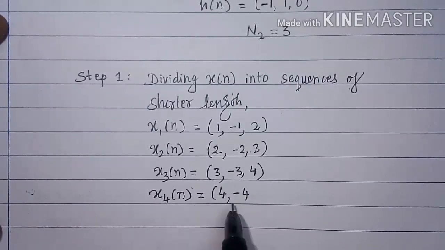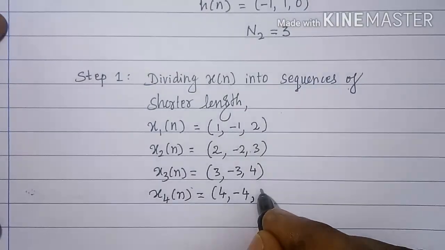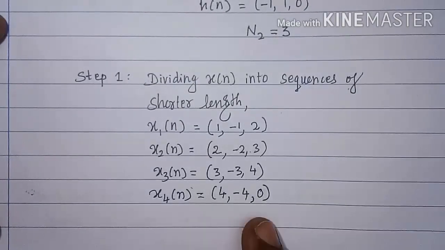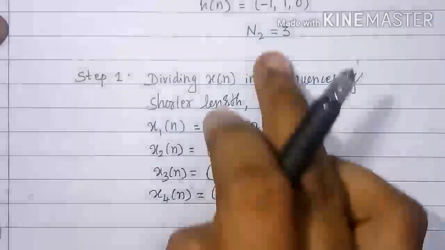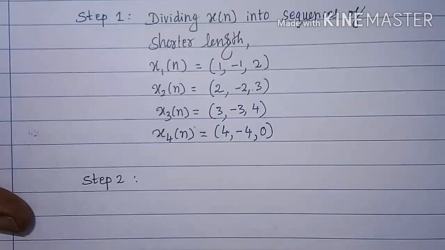When we write x4 of n, we find there are only two samples. So you have to pad with 1 zero here, so that the length remains equal to 3 only. Step 2.